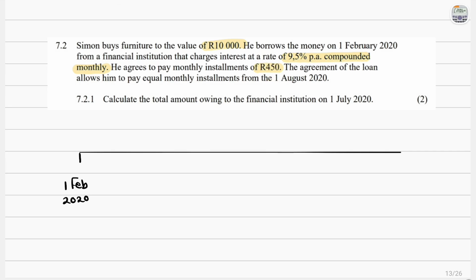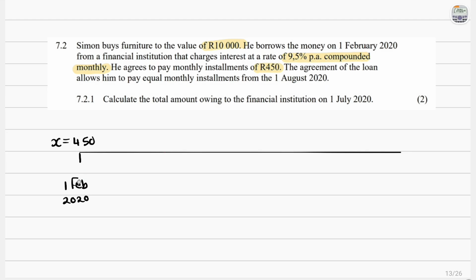So you see, paying back, borrowing money. This is a loan. So we're using present value. And he's agreeing to pay back 450 Rand as his monthly installments. So you can already see that the monthly installments X in your present value formula, that is 450 Rand. And the agreement of the loan allows him to pay equal monthly installments from the 1st of August 2020.